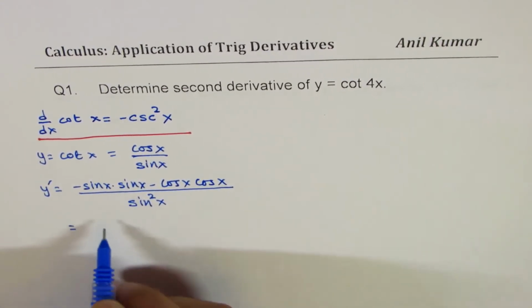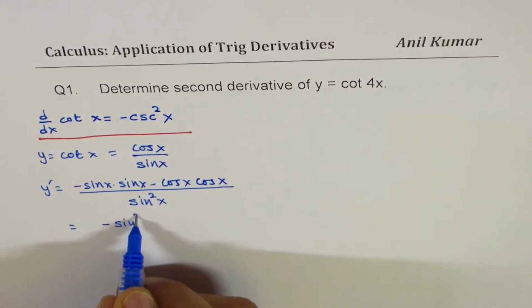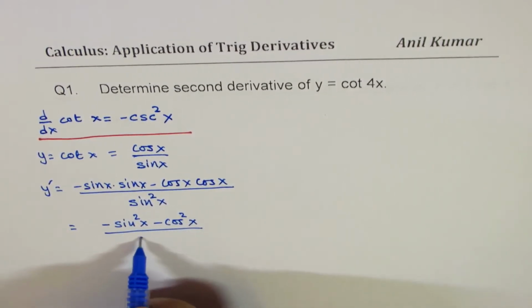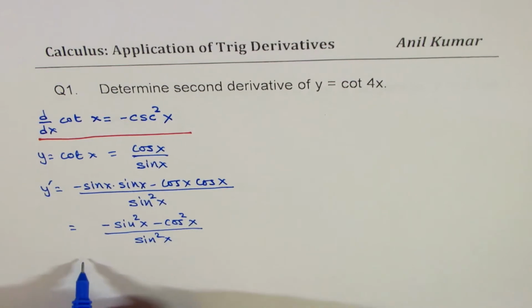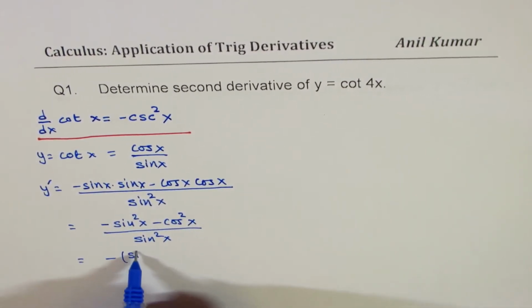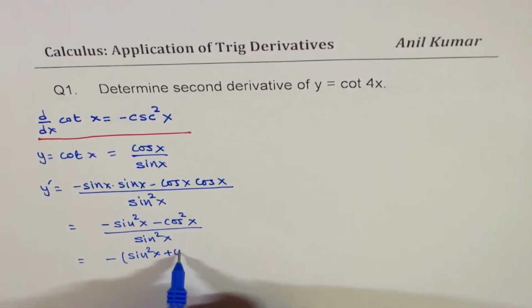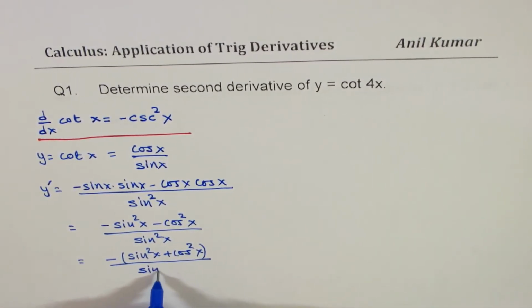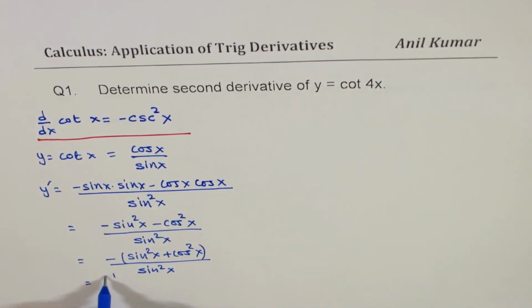So that gives you minus of sin square x minus of cos square x over sin square x. Now this is minus of sin square x plus cos square x, which is 1, over sin square x, which is equal to minus cosecant square x, correct?